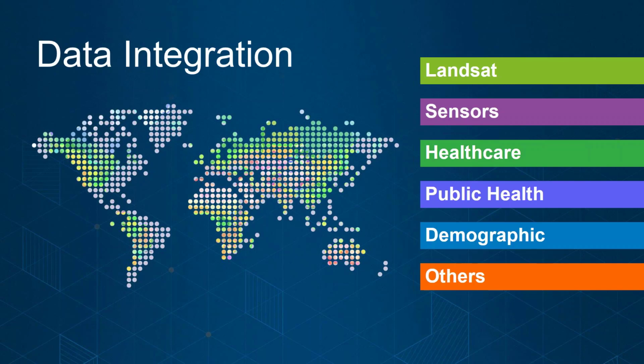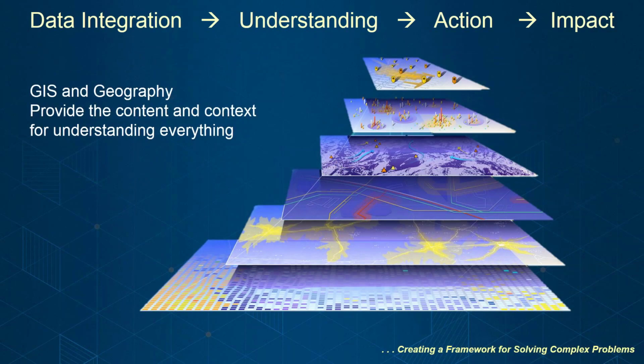All of this leads to a deeper level of understanding that not only improves decision-making, but facilitates planning and your design of interventions. In fact, geography as a science really provides the content and the context of our whole world in a way that helps us to understand everything.